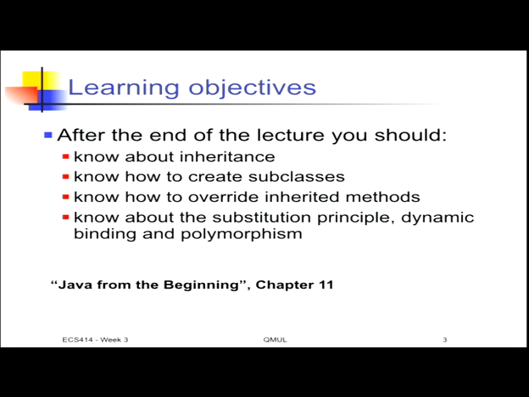These are the notions of superclass, subclass, method overriding, substitution principle, polymorphism, dynamic binding, and also type casting. So all these are lots of concepts. They are all related to inheritance, and we will talk about all this today.